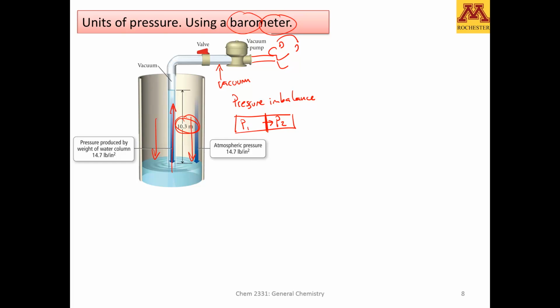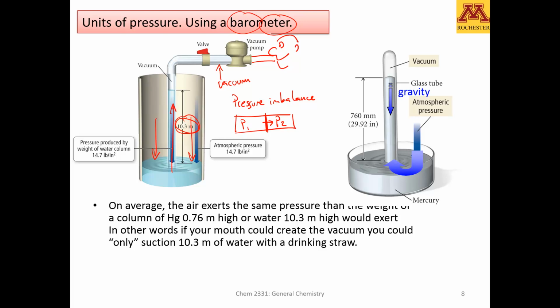And if you do this with mercury instead of water, guess how high the column of mercury can be under atmospheric pressure. The height of the column of mercury is 760 millimeters. That's where it comes from.